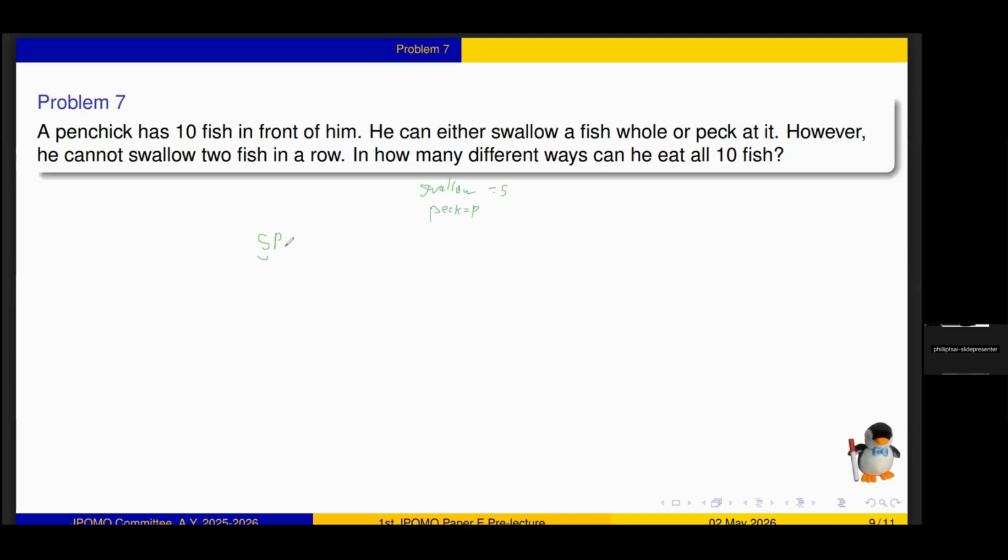The fish he eats now depends on the fish he ate before, which is not like stars and bars, because in stars and bars each variable is independent of each other.